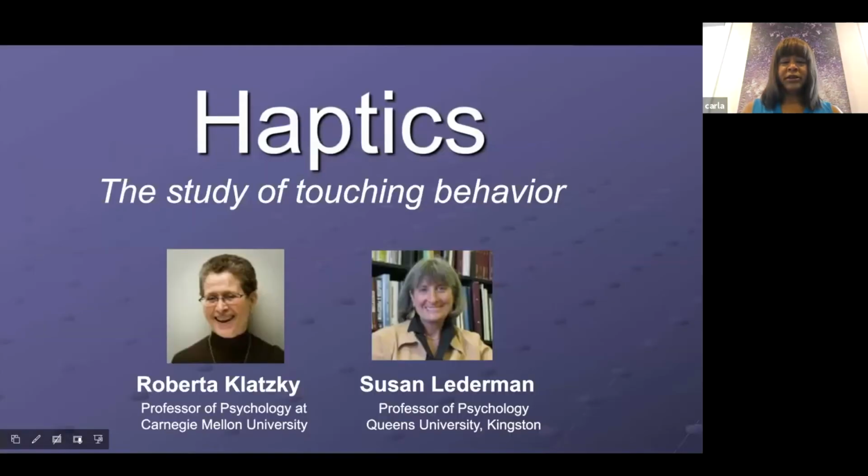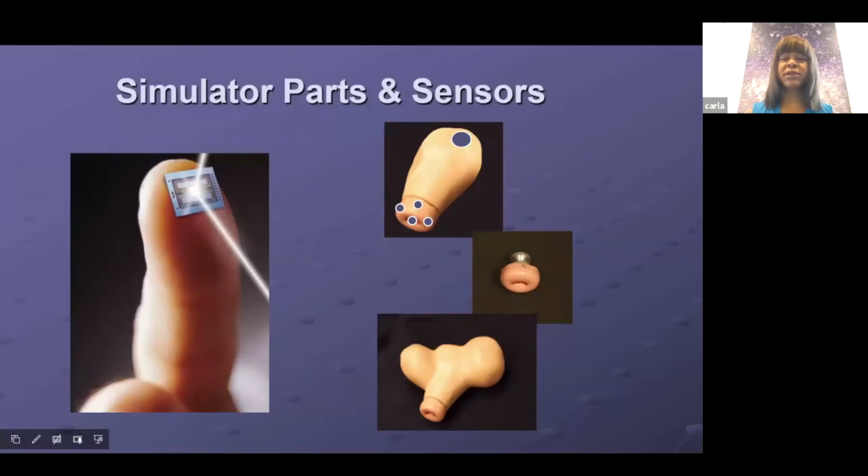Over 10 years ago, as we began using a variety of technology to capture the human experience in healthcare when you're using your hands, we partnered with some of the world's experts in haptics. One of our first experiments was to put sensors on mannequin or simulator parts.